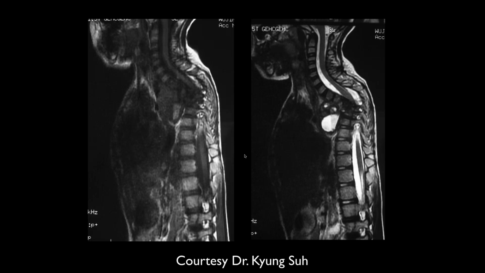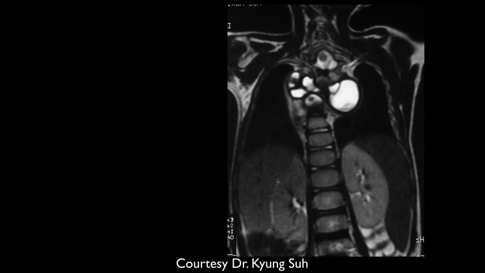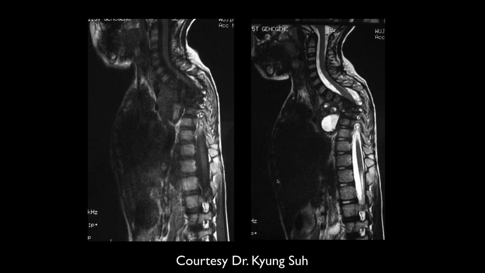Height loss, prevertebral stuff there. If I was to guess, are you going to guess? I'm not going to guess. I know the answer. I would go for tuberculosis.